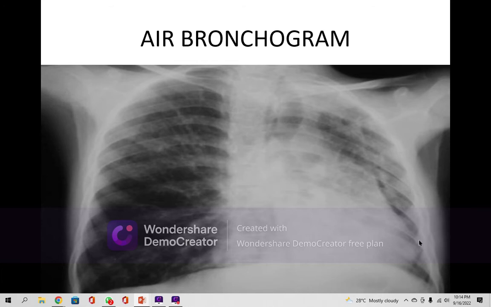This is the same one. Here there is a big patch. Here there is radio opacity from here to here. And there are a lot of aerograms seen now in this X-ray. This is a non-homogeneous radio opacity occupying the left upper and left middle zones, part of it.